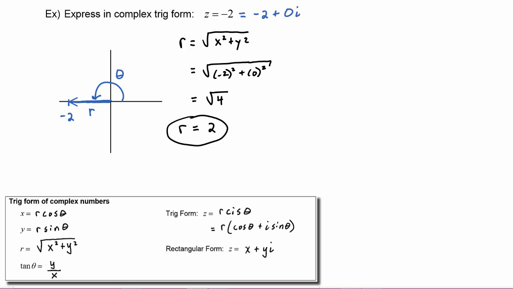And notice that r is always positive. Sometimes students will make mistakes and think that r is -2 because it's going in this direction. Remember that r is still a distance. It's the distance from the origin out to the terminal point, and that distance, r, is always positive.